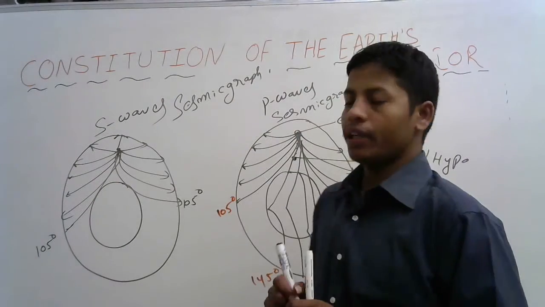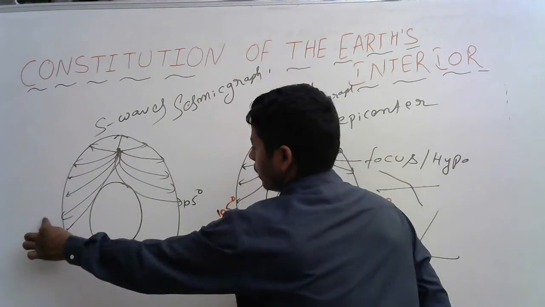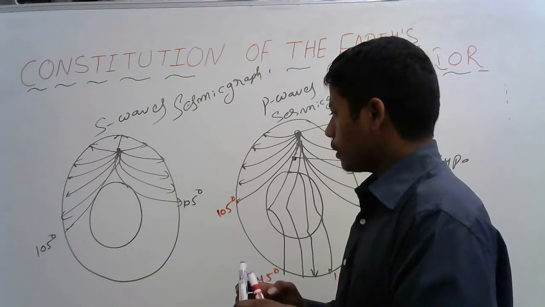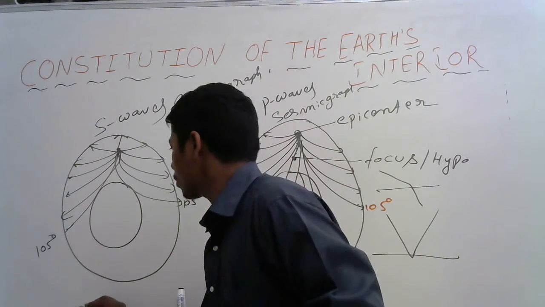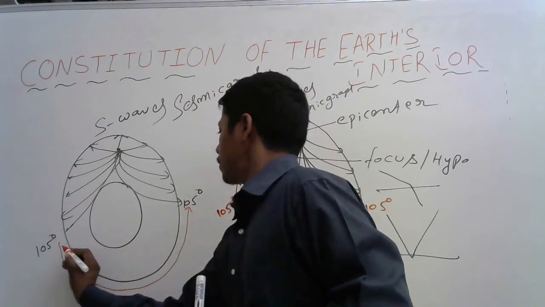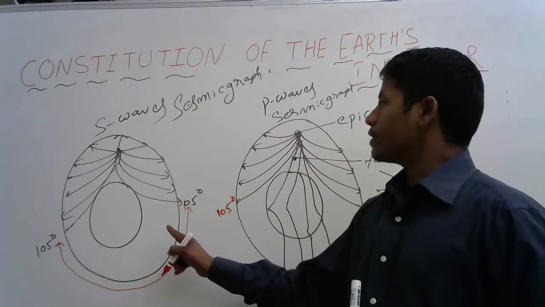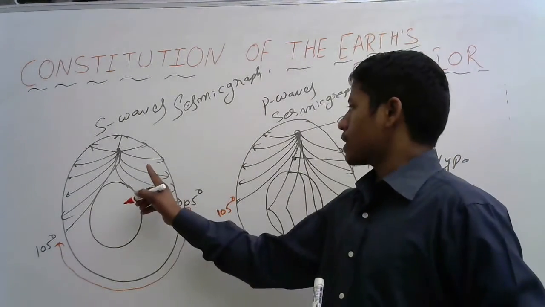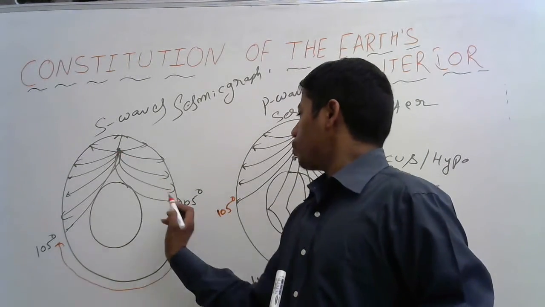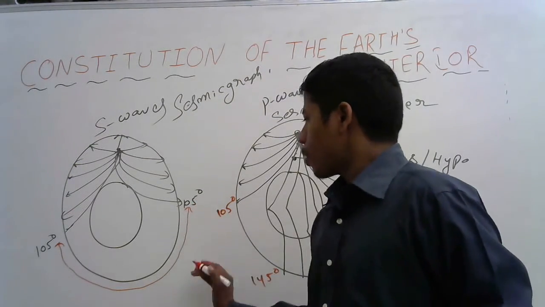Every region has seismic wave detectors. They detect S waves only up to 105 degrees from the epicenter. Beyond 105 degrees, S waves are absent. Why are they absent beyond 105 degrees?